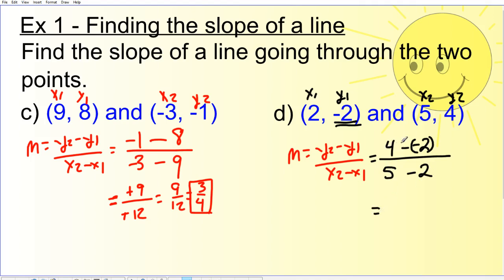Math. 4 minus -2 becomes 4 plus 2, which is 6. 5 minus 2 is 3. That fraction can be simplified down to 2 over 1. So if you have 2, awesome. If you have 2 over 1, that's still good too.